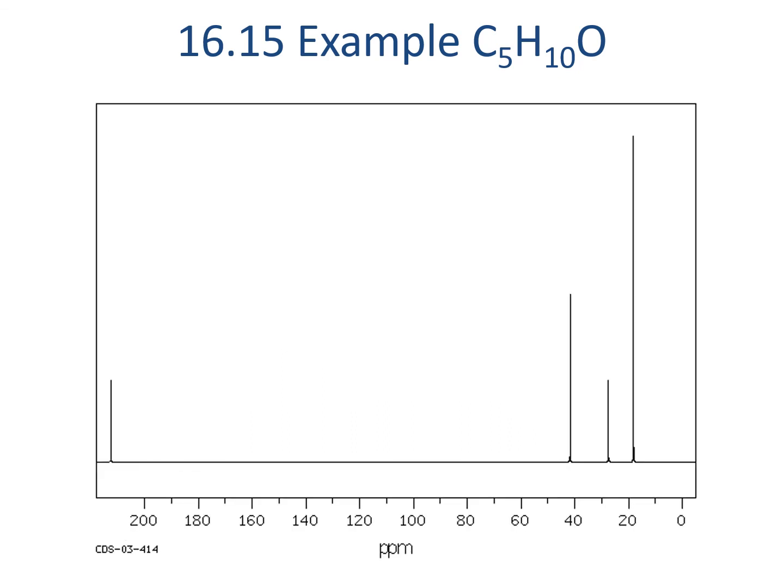This is the carbon-13 spectrum for the same molecule, so we can use this to check our work. We can say that we have 1, 2, 3, 4, 5 carbons with a double bond like this, and we should expect to see these 2 carbons be identical to each other. They're the farthest away from the carbonyl, so they're going to be over here.